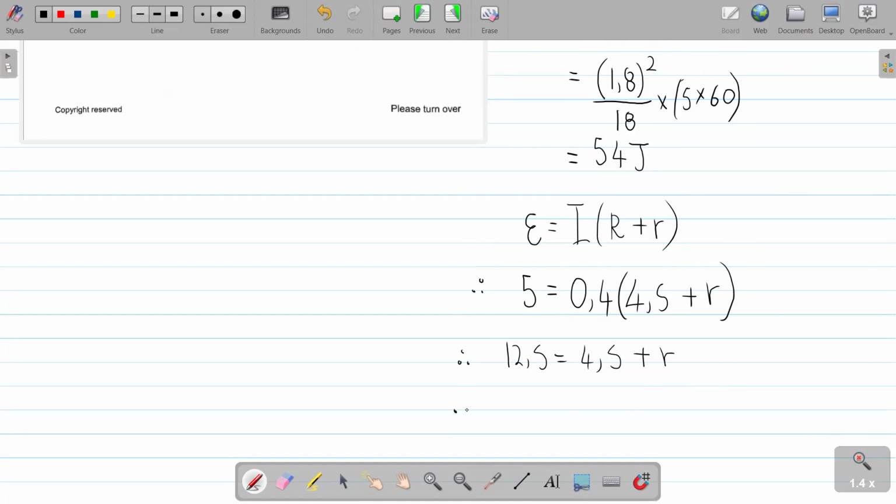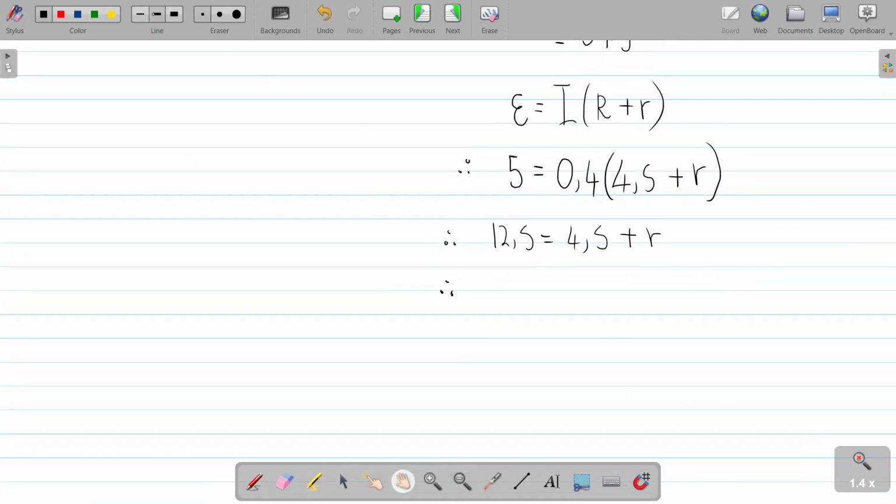So this means that r will be equal to 12.5 minus 4.5. Then this is going to be equal to 8 ohms.